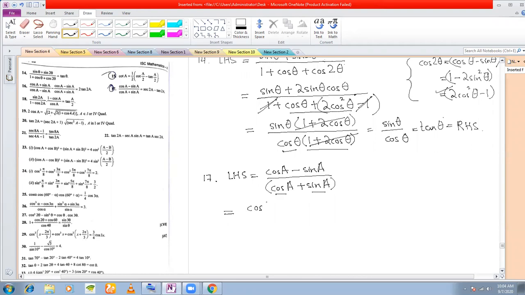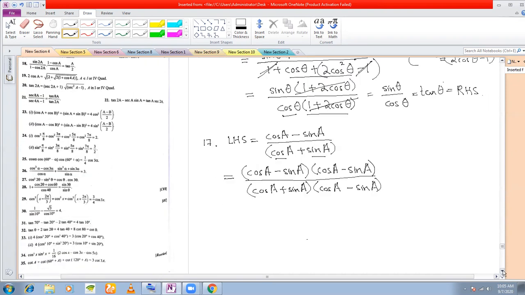I multiply the numerator and denominator by cos A minus sin A.